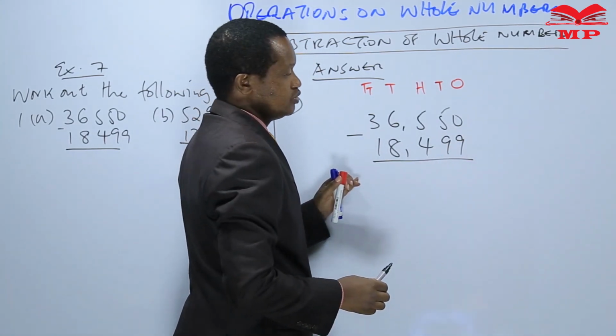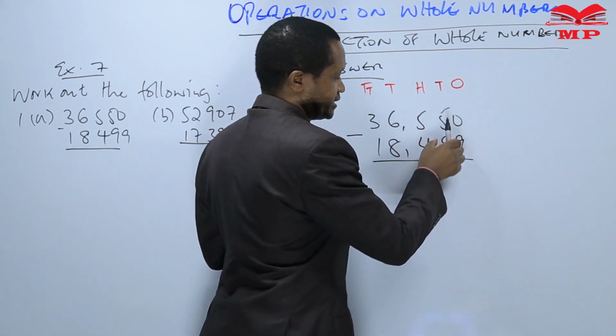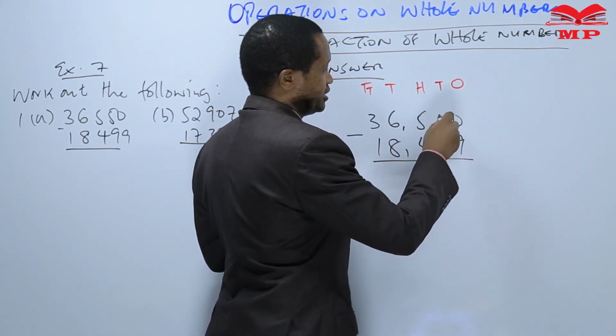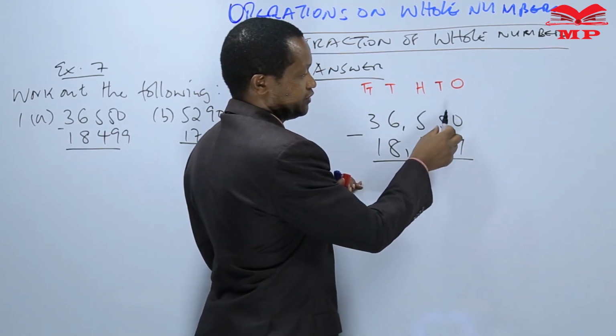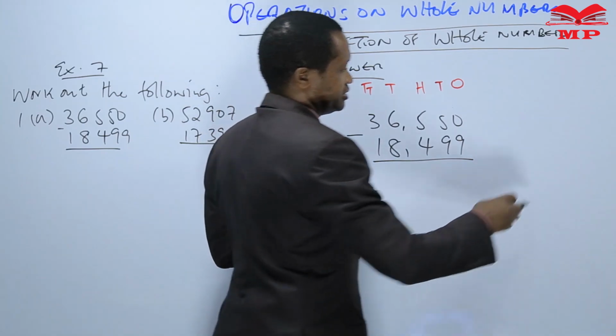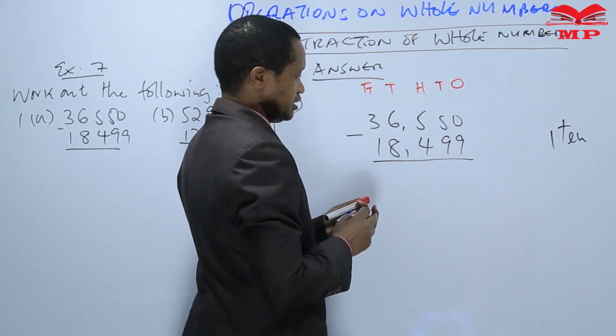We'll have to borrow from the tens. There are 5 tens, so we'll borrow 1 ten.